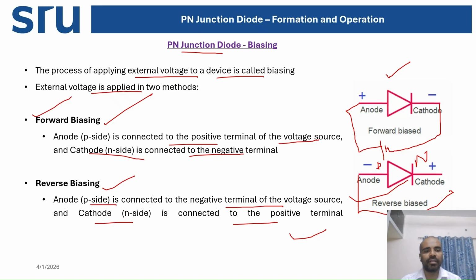So there are two methods for biasing the PN junction diode: forward biasing and reverse biasing. Biasing is basically a process of applying external voltage to a device.